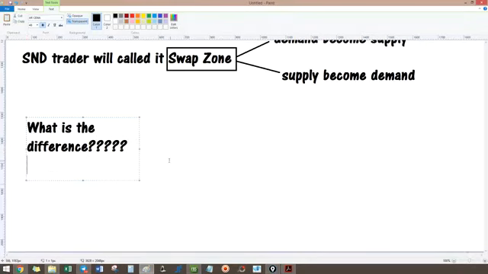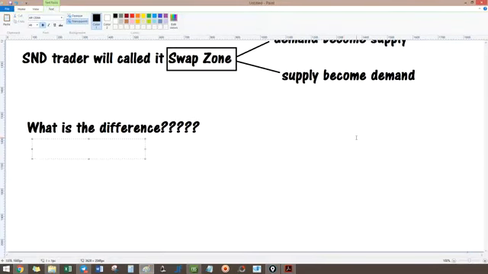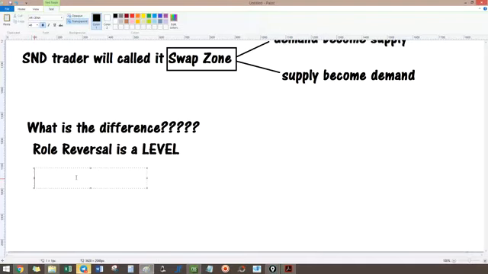Role reversal, SNR, is a level. Swap zone is a zone.